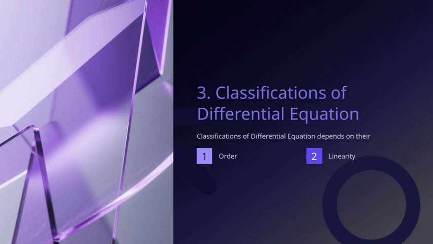As we discussed earlier, differential equations can be categorized based on certain characteristics. First, we have their linearity, which refers to whether the equation involves only the unknown function and its derivatives in a linear way. Then, there's the aspect of order, which tells us the highest derivative present in the equation.